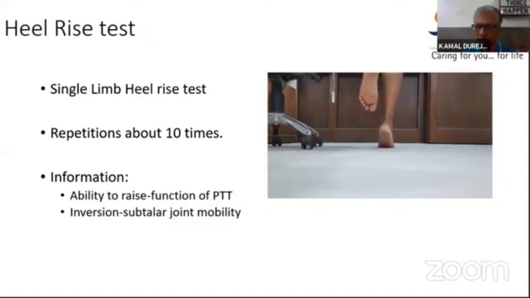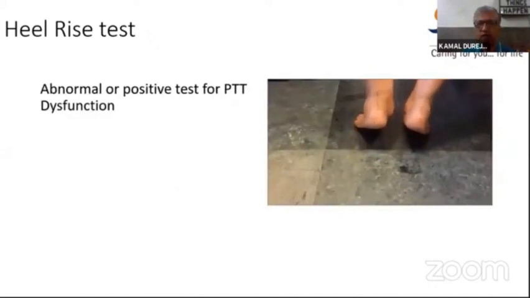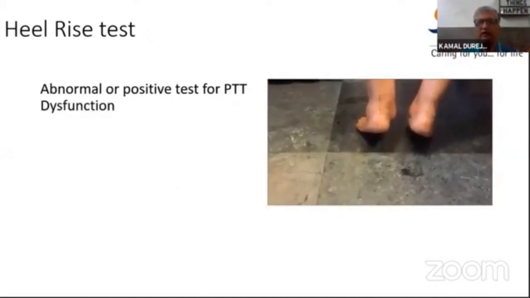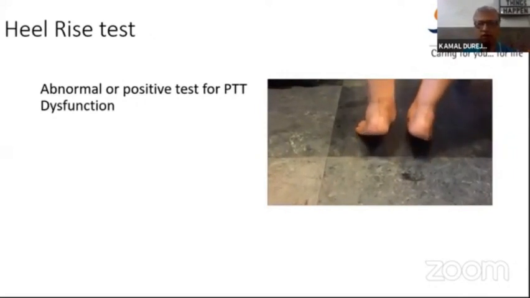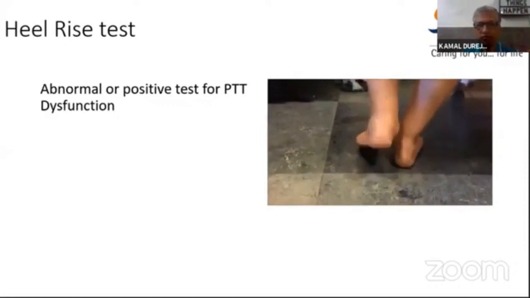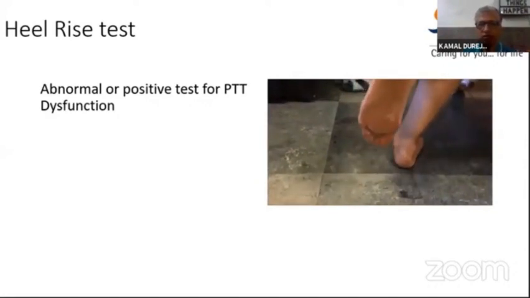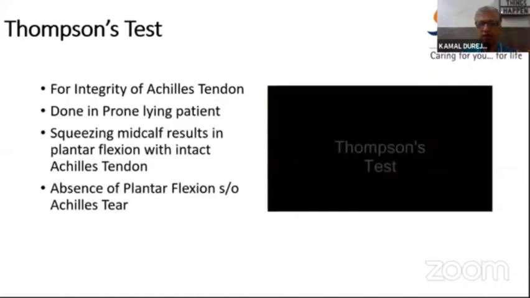We are also observing again the inversion and the subtalar joint mobility during this. So here you see how we say that the heel rise test is positive or negative. If you see this patient, you are not observing the subtalar motion, and while performing the single heel rise test, the patient is unable to do that.